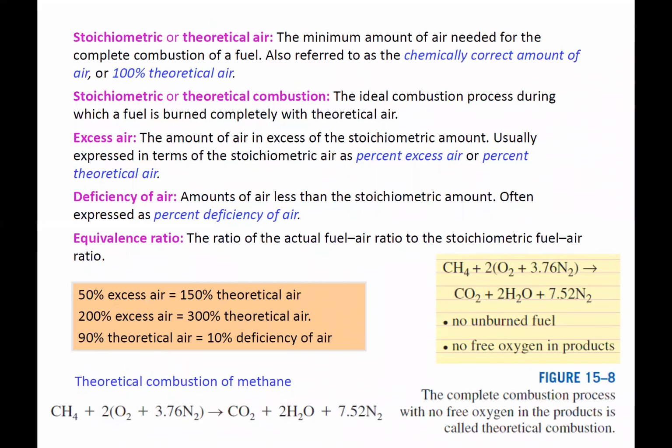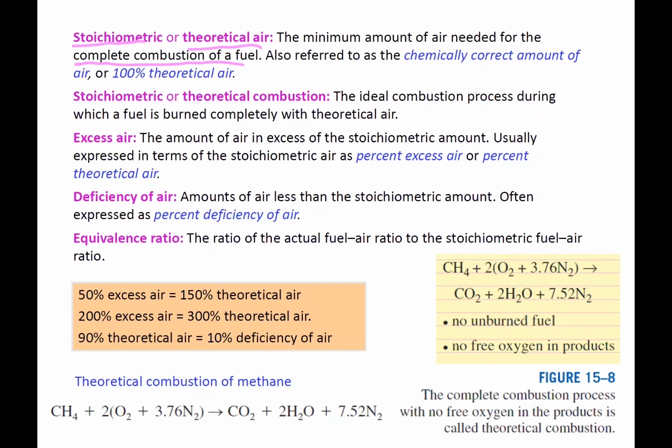All right, stoichiometric and theoretical amount of air. Here's where we start. This slide has a lot of terms, but it tells us about the portion of air we're providing to the fuel. Stoichiometric or theoretical amount means we're putting in the exact amount for complete combustion of the fuel.